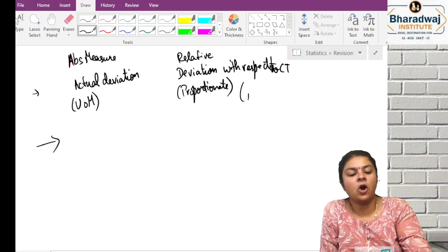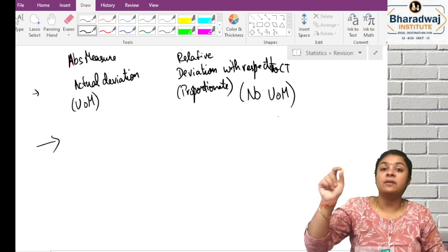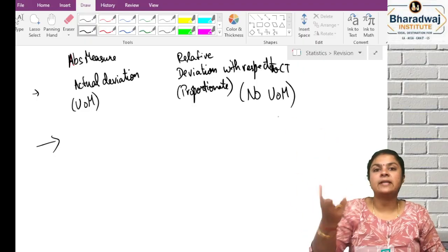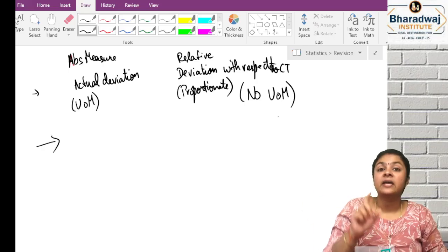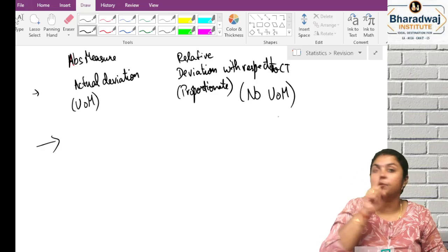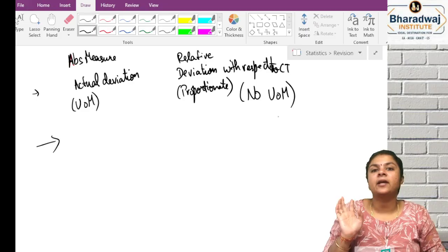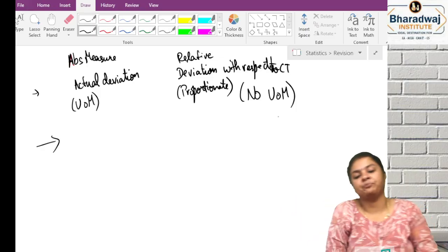So this will not have a unit of measurement. Very, very important for the exam. For example, if the average income deviation is 20 rupees and you are doing a relative measure, then rupees will not come. In the exam, you have to choose the option correctly. A relative measure will not have a unit of measurement.